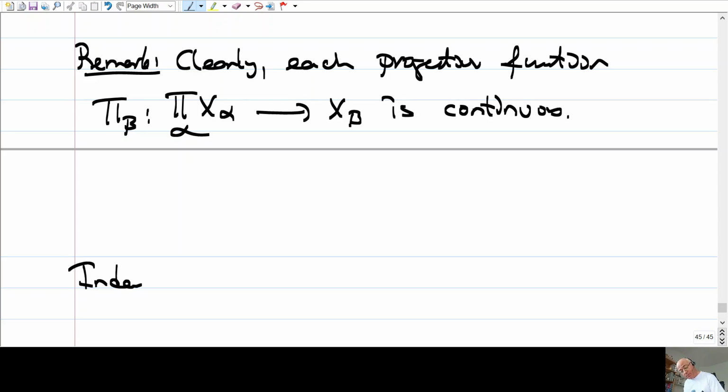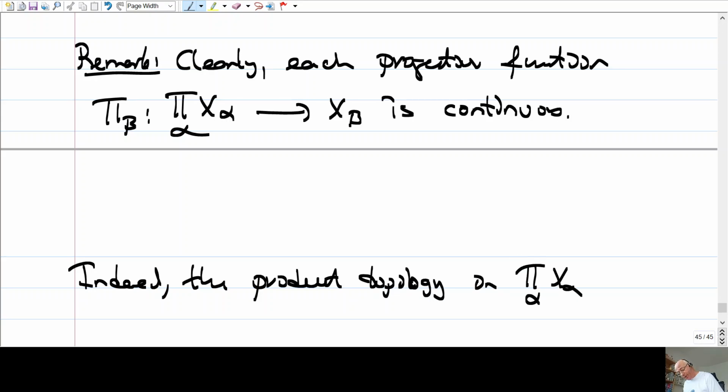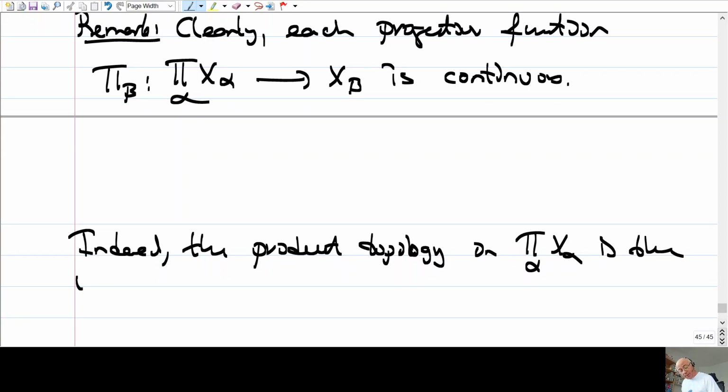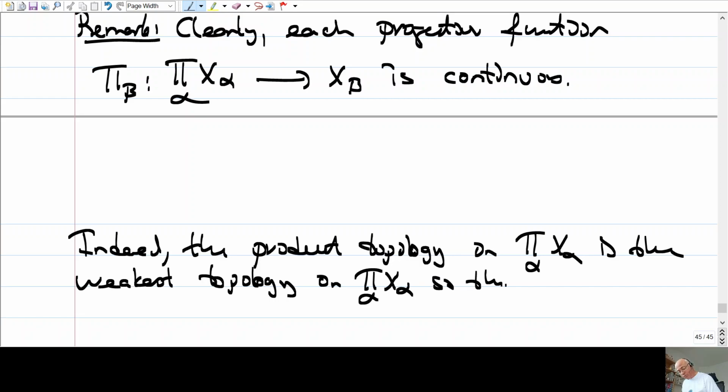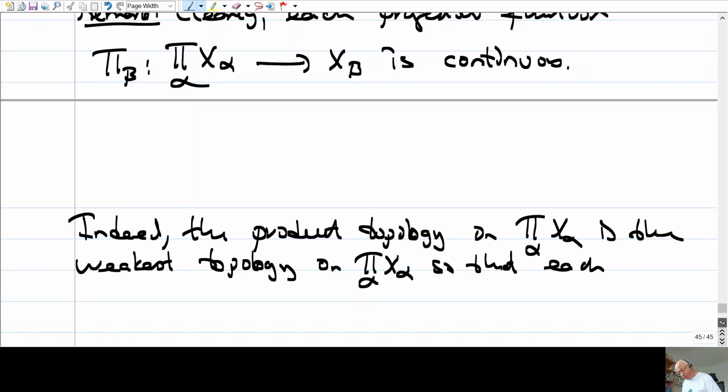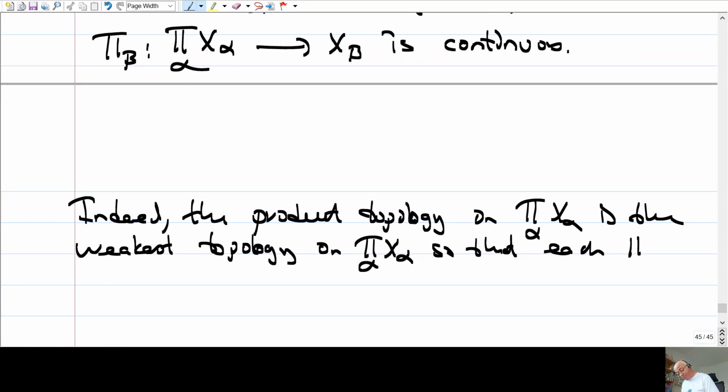Indeed, the product topology on this product is the weakest topology on this product so that each pi beta is continuous.